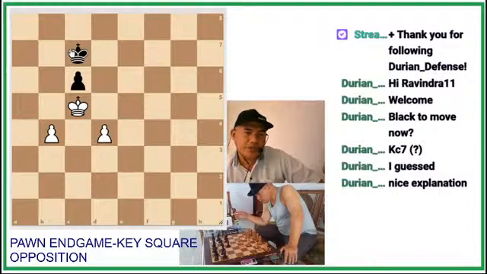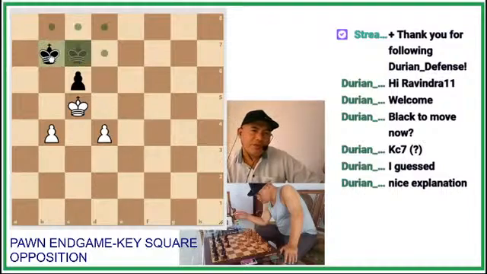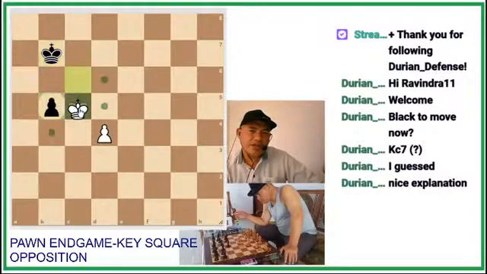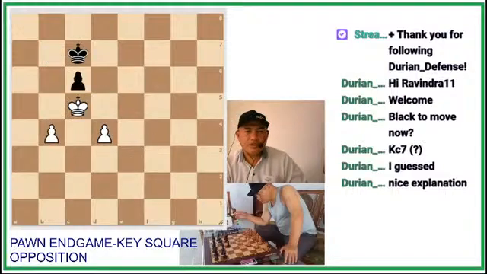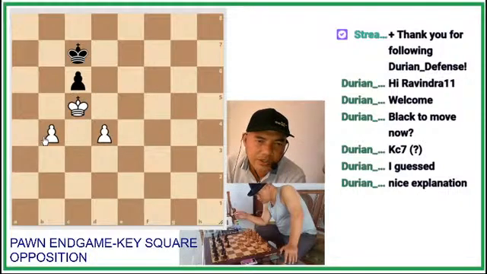As we have seen before, when black goes here, white can exchange, and white has the opposition. Yes, white has the opposition. So in this position, because this pawn is not on the H file, it will be winning.